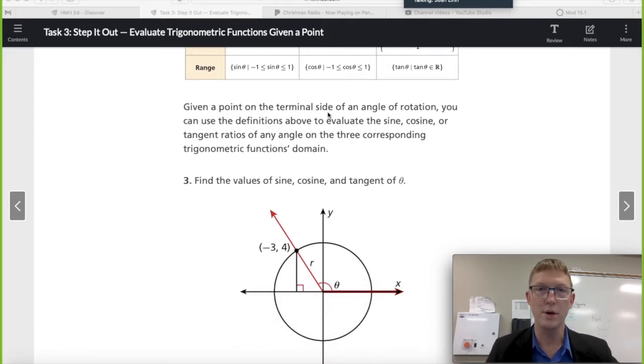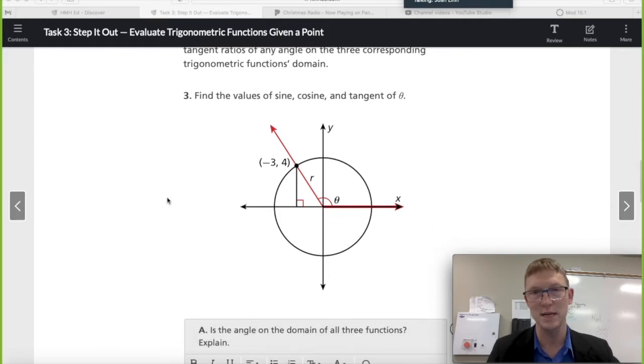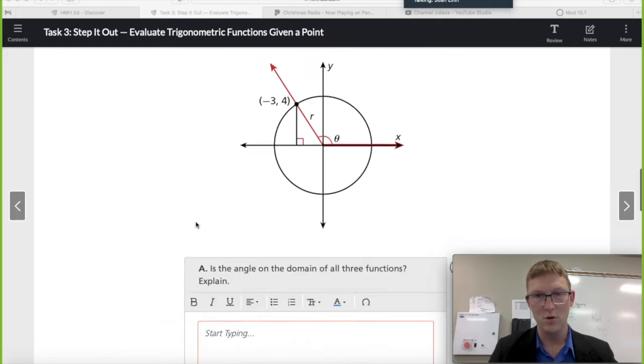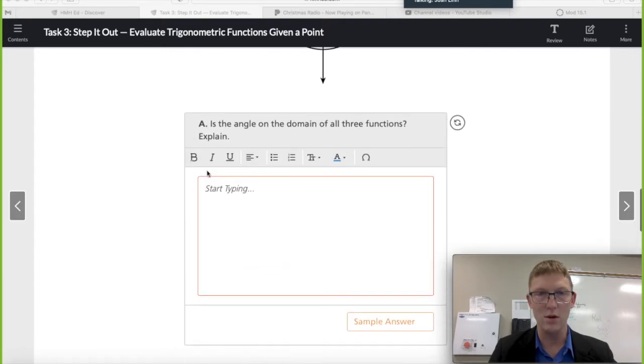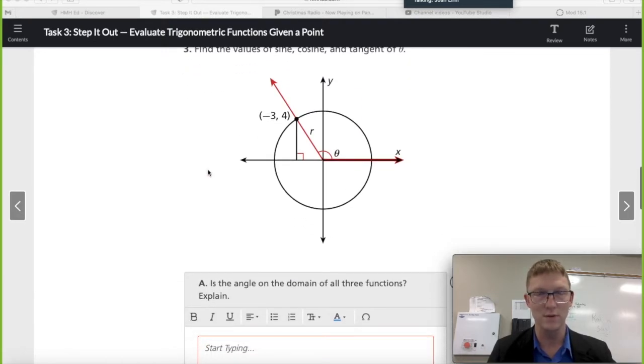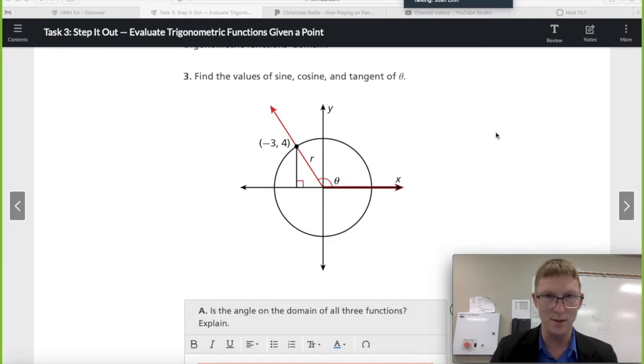So given a point on a terminal side, you can use definitions to find the values of sine, cosine, and tangent of theta. So I'm going to ignore all this, and we're just going to do it ourselves, and then we'll see where we get.